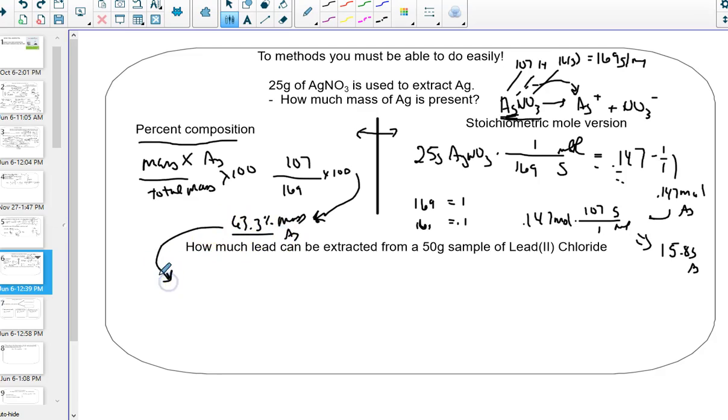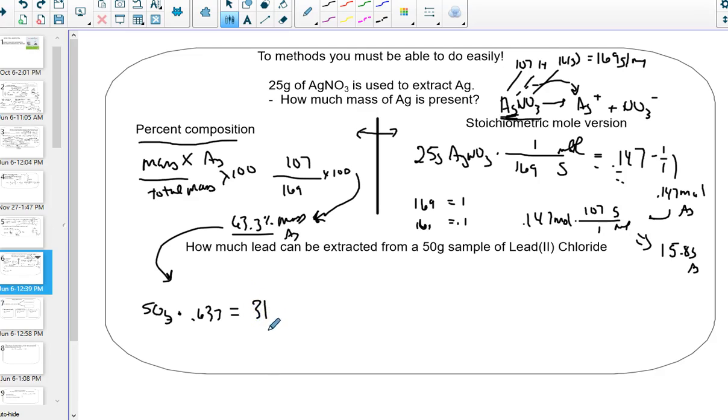So now, how do I do this? Well, I just take the 50 grams and multiply that times your decimal version, which is 0.633, so a little more than half, times 50 is 31.6 grams here. So these two should be the same.